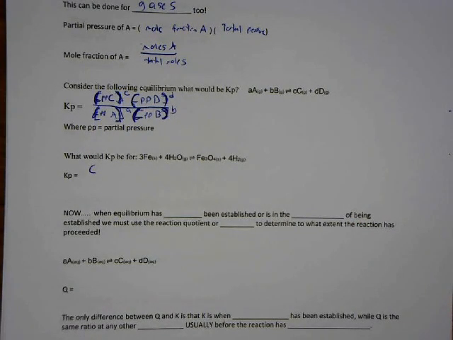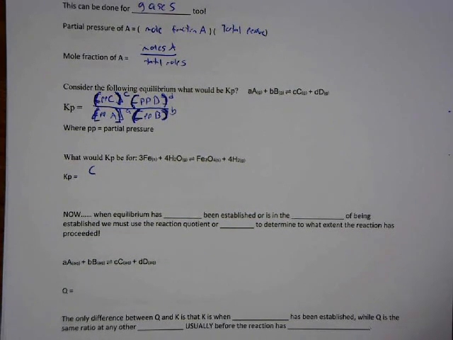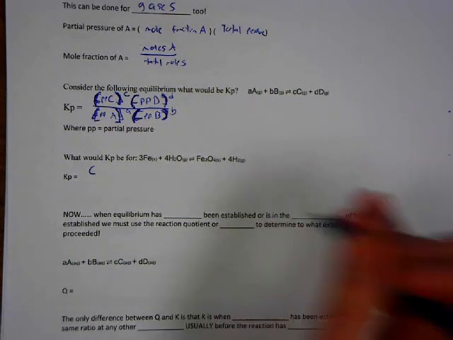Okay. So Kp is going to be parentheses. Fe3O4? No. H2 to the fourth. Why is Fe3O4 not in my K expression? It's a solid. Solids and liquids are not part of equilibrium. Is a solid going to affect the pressure of this?